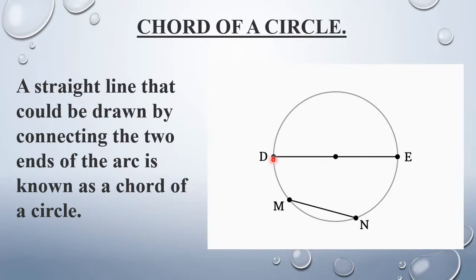So DE is the longest chord of the circle. Here MN is also a chord of a circle, and DE is the longest chord of the circle.